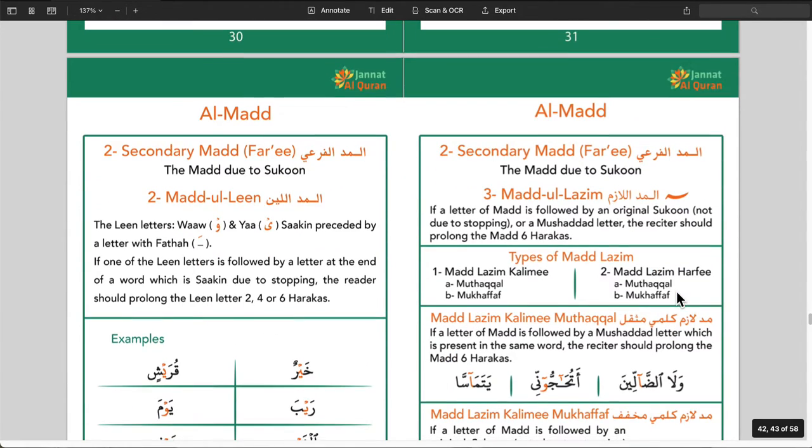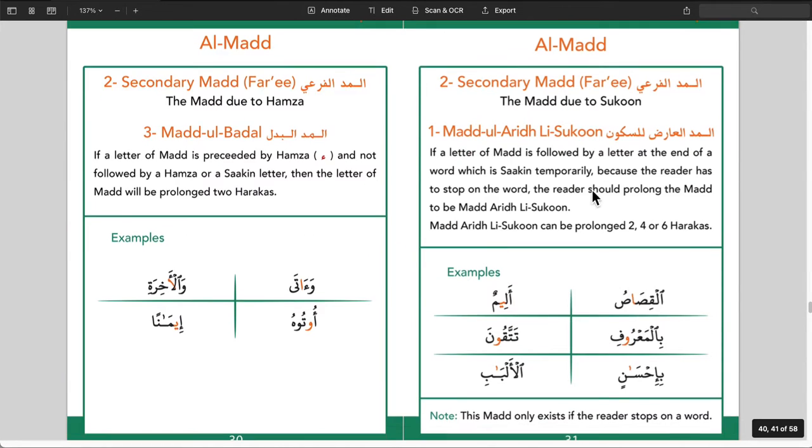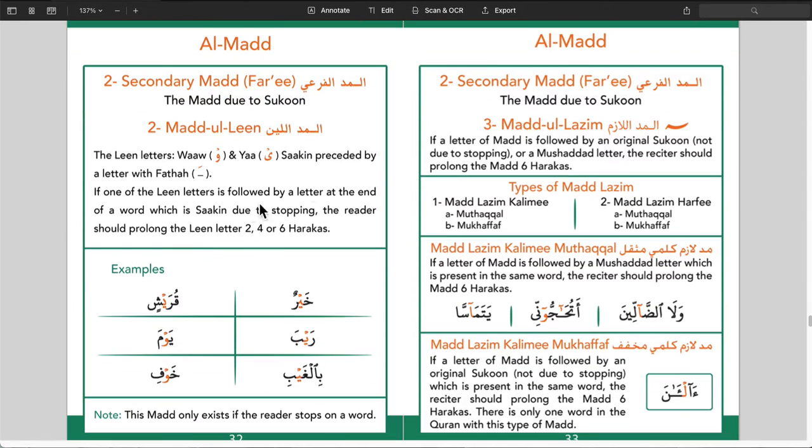Okay, next, in the same pattern of mad that we see here, the mad عارض للسكون, we do have what is called mad Leen. It's almost the same. They are all due to sukun because we are stopping, right? So what is it? The Leen letters waw and ya, waw sukun, ya sukun, preceded by a letter with fatha.